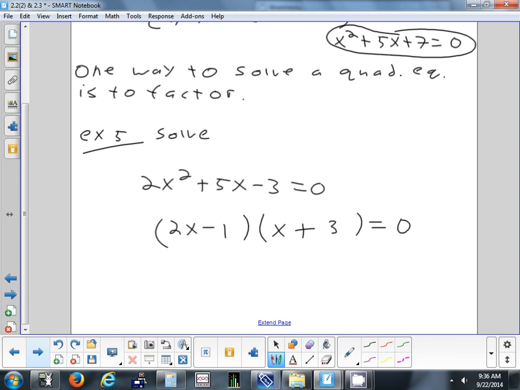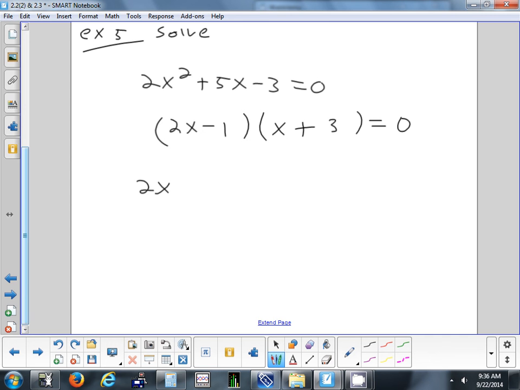Okay, and Justin, what do I do with each of these factors now? 2x minus 1, and then x plus 3, multiplied together, equals 0. What's my next step? Set each factor equal to 0. So we're going to multiply two things together and get 0.